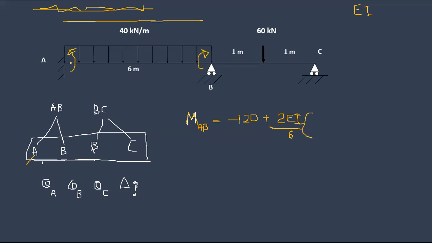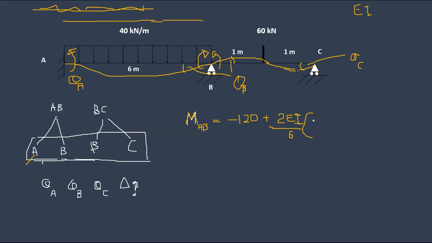So now your unknowns. Here you have theta A. Theta A has a known value, I'll discuss it later, because this is a fixed support, so theta A is 0, right? Your beam will bend like this. You will have theta C here, and you will have theta B here.